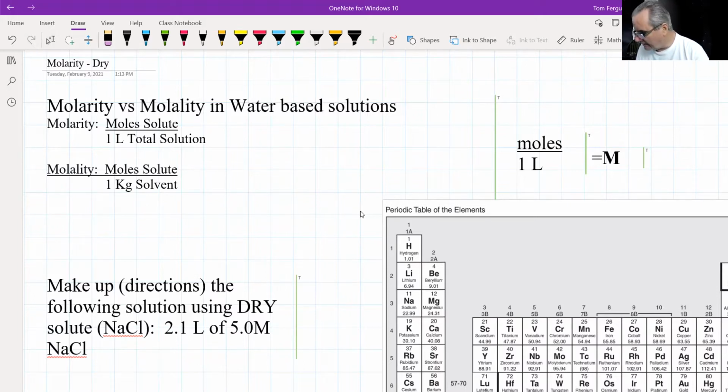One's called molarity and the other's called molality. Molality is used a lot in chemistry in terms of colligative properties. In other words, when you put a substance in water, it'll freeze at a lower temperature and boil at a higher temperature. That's a colligative property, and that requires molality. Now, I'm going to focus not on molality, but on molarity for our class. You're going to get into molality a fair amount when you get into 400.